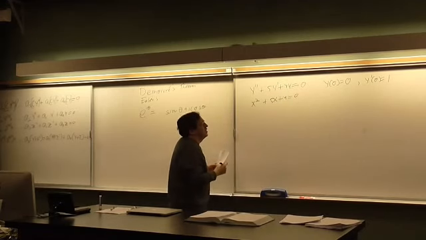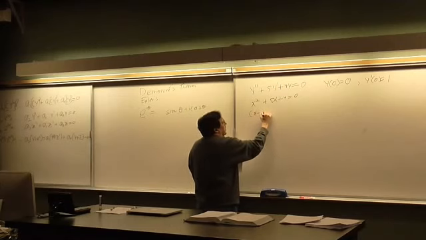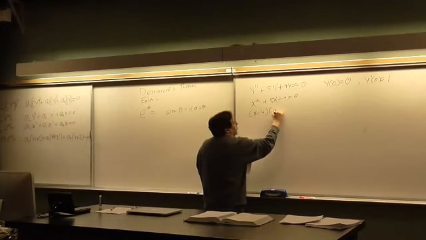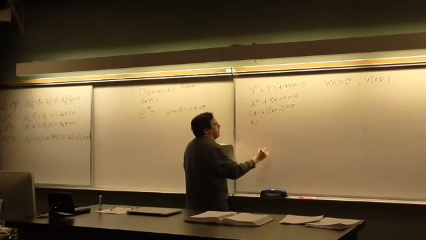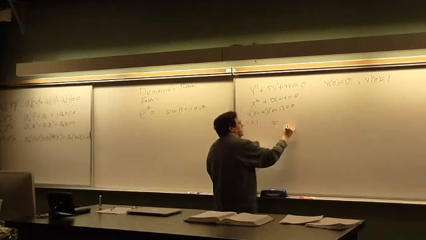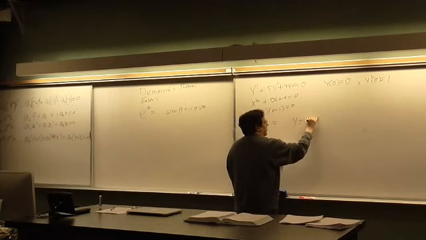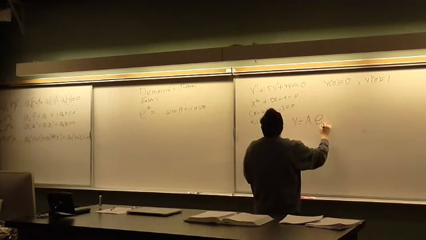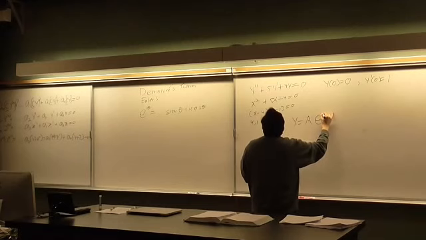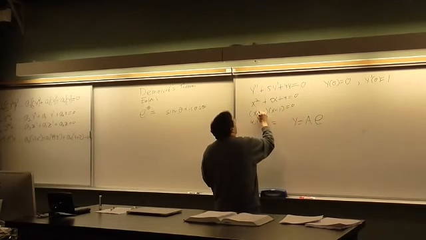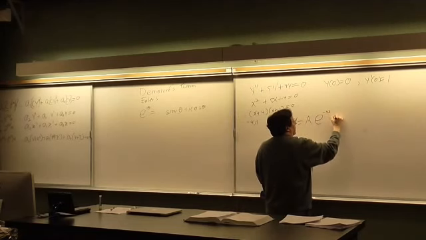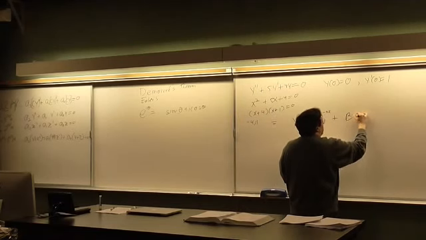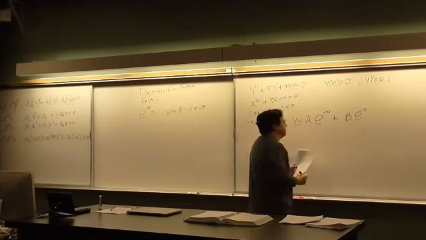We could use the quadratic formula, but it looks like this is just (x plus 4) times (x plus 1). So my roots are negative 4 and negative 1. And the general form of the equation is a times e to the minus 4x plus b times e to the minus x.